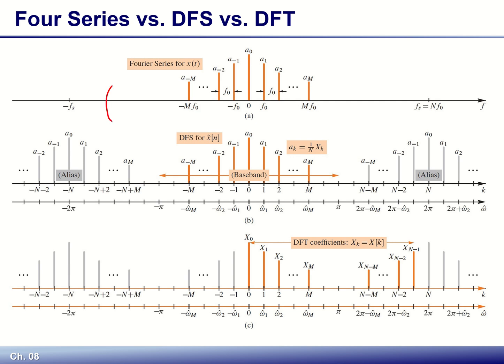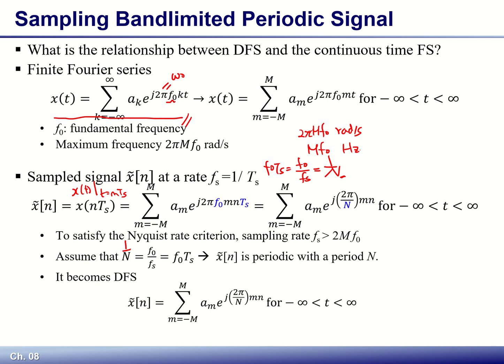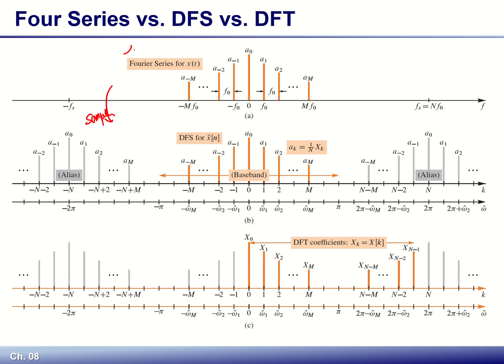And we sample, and that is a finite Fourier series, like here. First, we make a finite Fourier series like this, and second, sampling.